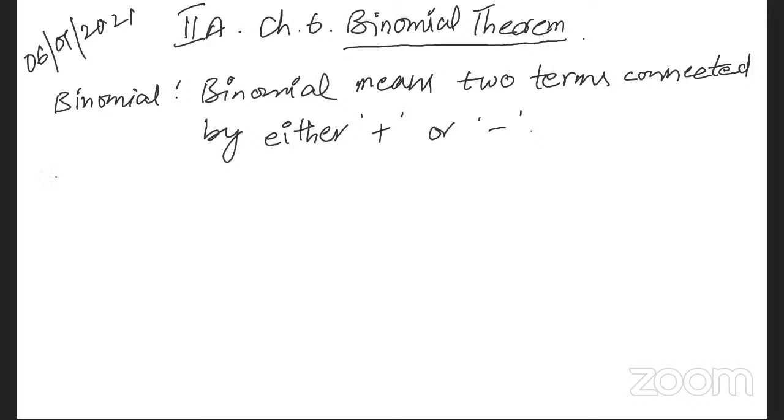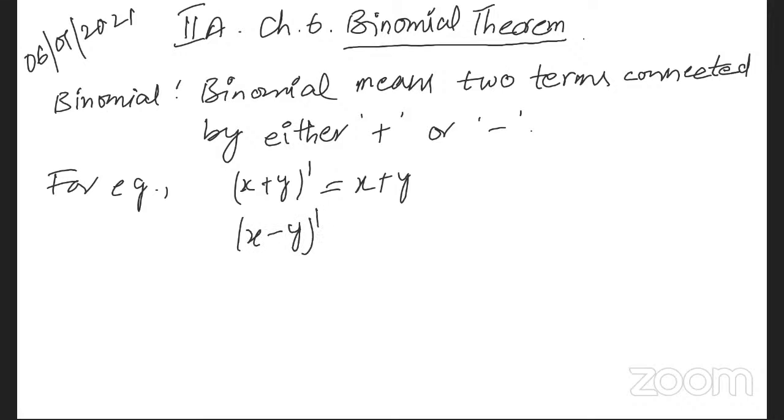For example, (x plus y) whole to the power of 1 is equals to x plus y. (x minus y) whole to the power of 1 is equals to x minus y.